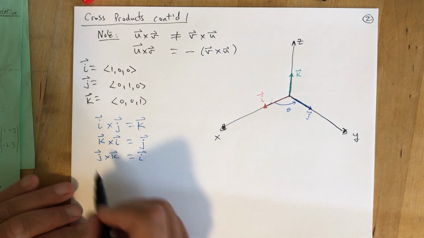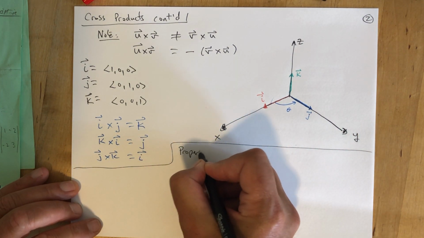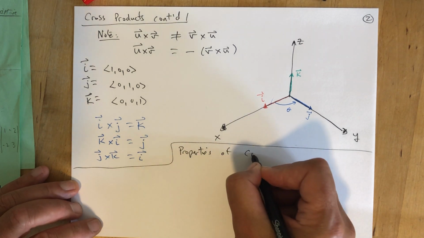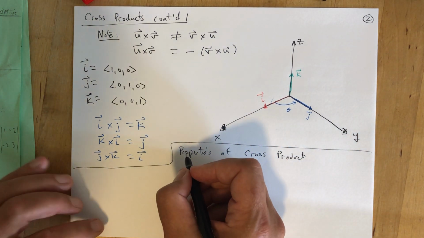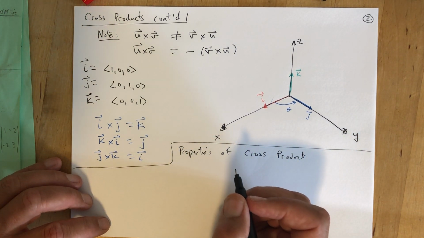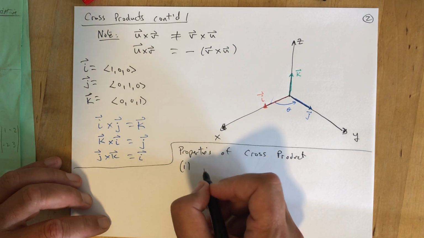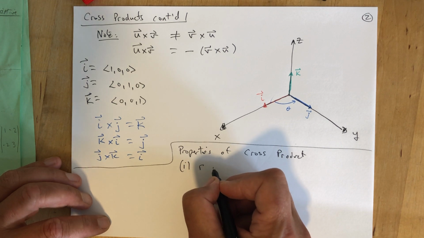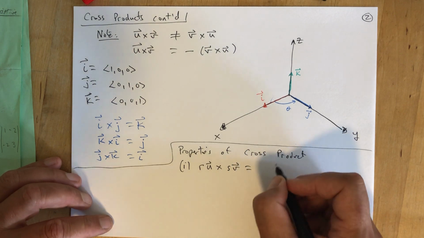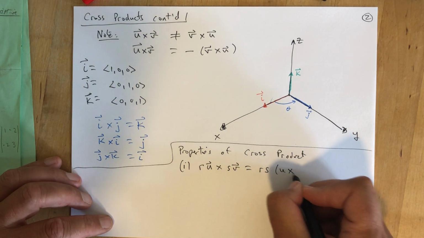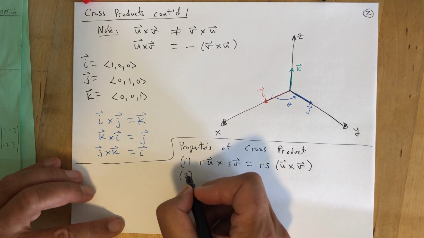All right, doing good on time here. So properties of the cross product. One, if I have scalars R and S, and I take RU cross SV, this turns out to be RS times U cross V. So 2.